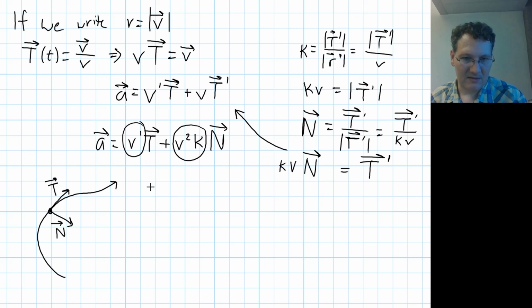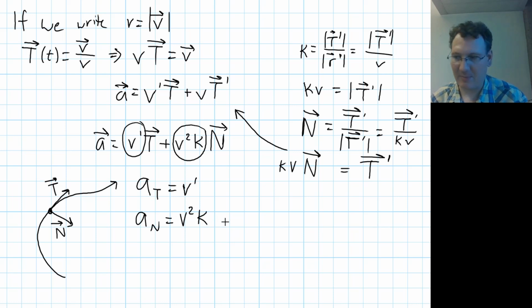This is what we call the tangential component of acceleration, speed prime, the first derivative of speed, and the normal component is the speed squared times kappa, or the speed squared times the curvature.